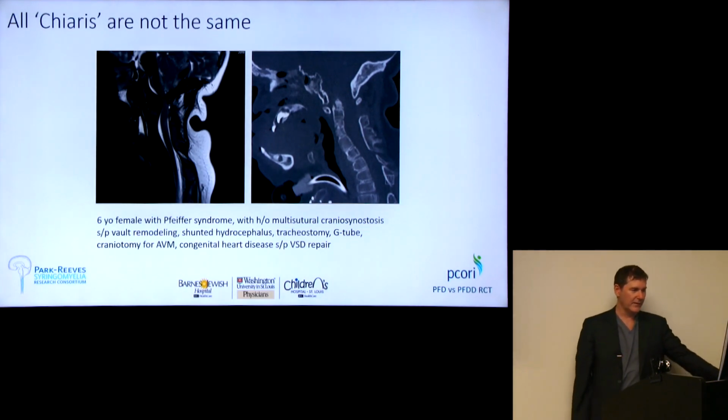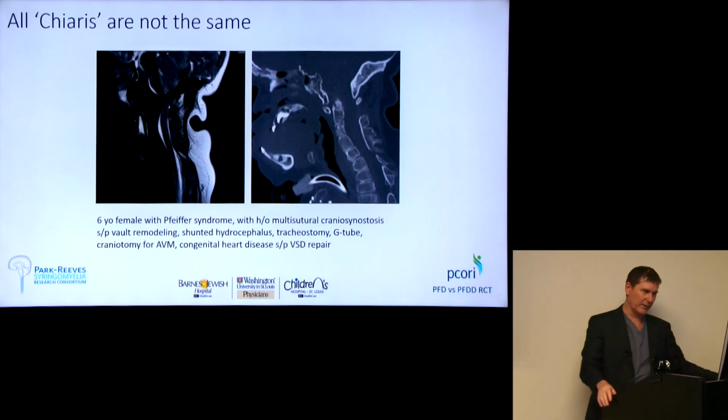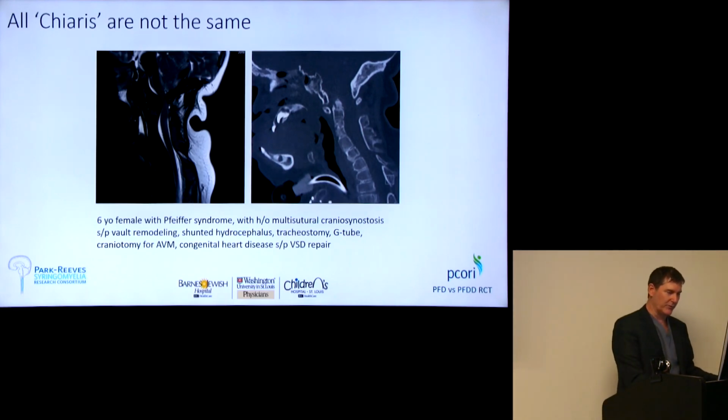And this is a 6-year-old with a genetic condition called Pfeiffer syndrome who had multi-sutural craniosynostoses. That's where the bone plates fuse prematurely. And they underwent some treatment for that premature fusion of the sutures and ended up having some abnormalities related to compression of the brainstem.